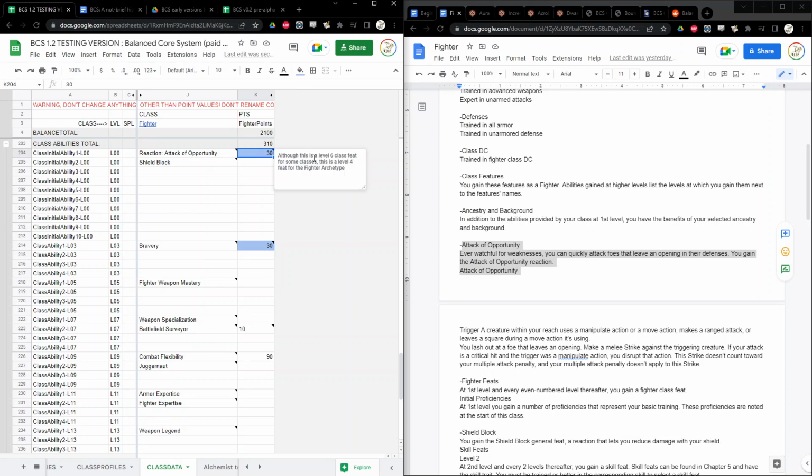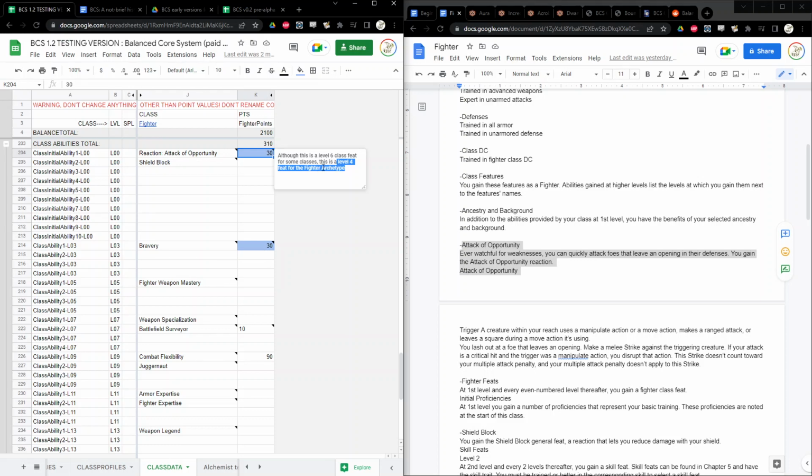Boom, 30 points. Yes, some of the classes get attack of opportunity as a level 6 feat. I think that's just a way to let the fighter have more class identity by keeping that exclusive for more levels. I don't think it's a cost value thing. I think it's more just to keep it limited to the fighter for a longer period of time.